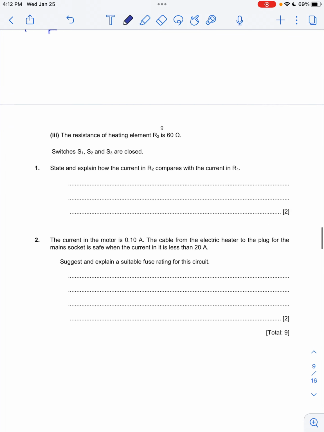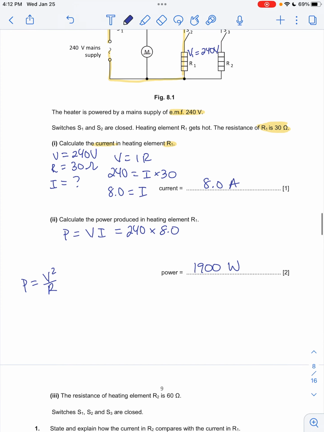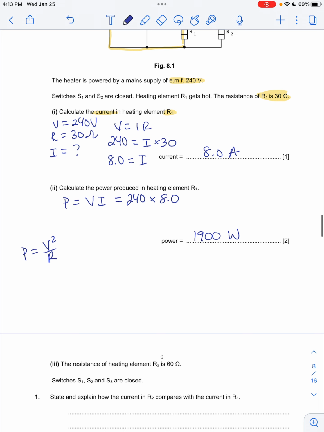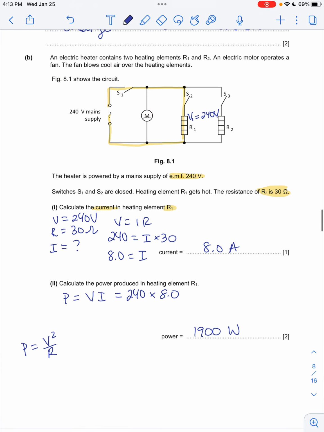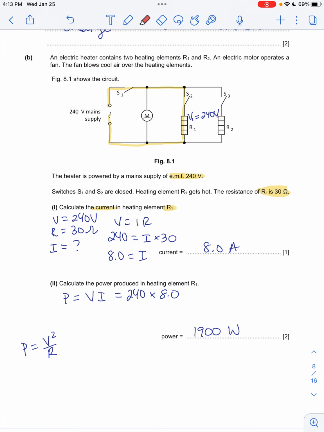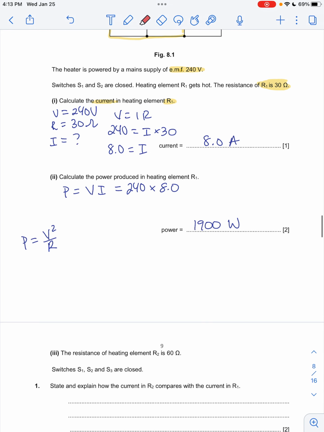And then we are told about R2, so things are changing a little bit because now switch 2 and 3 are closed. And it's asking us to compare the current that is now going to start flowing through R2 and how it's different to that of R1. So the key thing here is that my resistance in R2 is different than in R1.